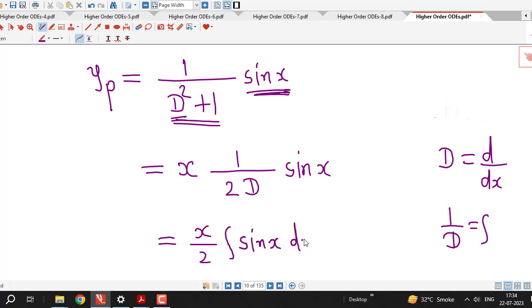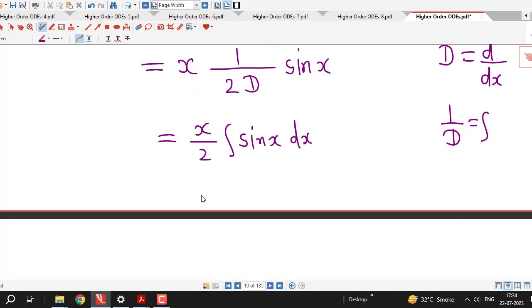So I have to integrate sin x with respect to x, and the integral of sin x is minus cos x. Therefore we have minus x cos x by 2 as our particular integral.